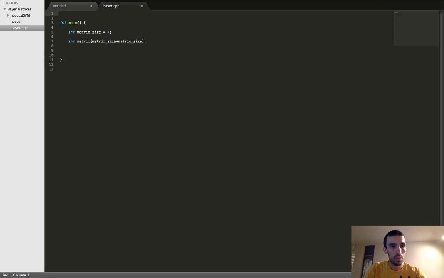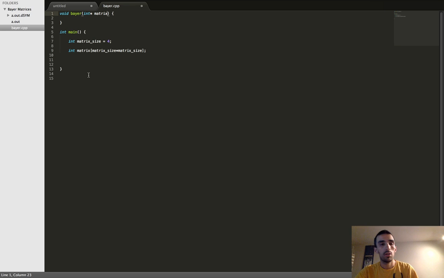And now I'm going to need to say, so this is going to be my Bayer function that actually fills in the matrix. I'm going to need the matrix, and then I'm going to need some other parameters here. I'm not quite sure yet what they are.